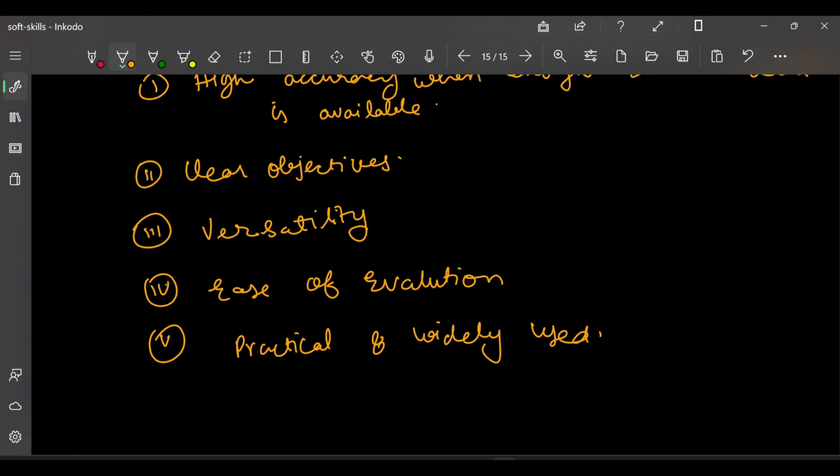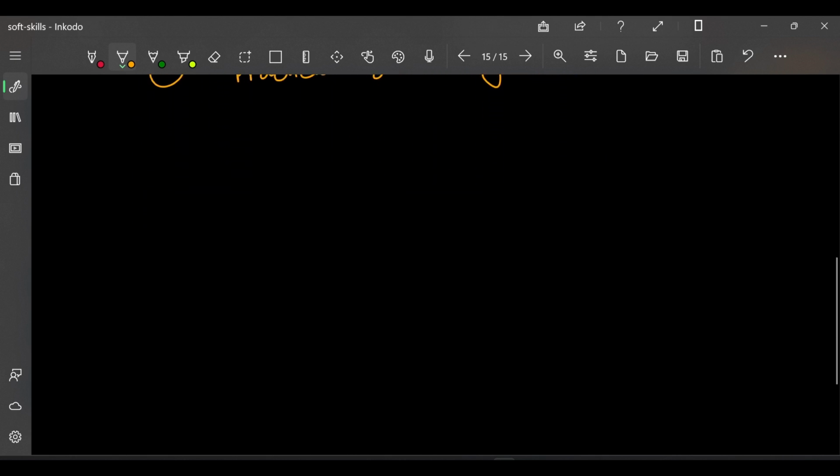There are some disadvantages also. Let's talk about the disadvantages of supervised learning.